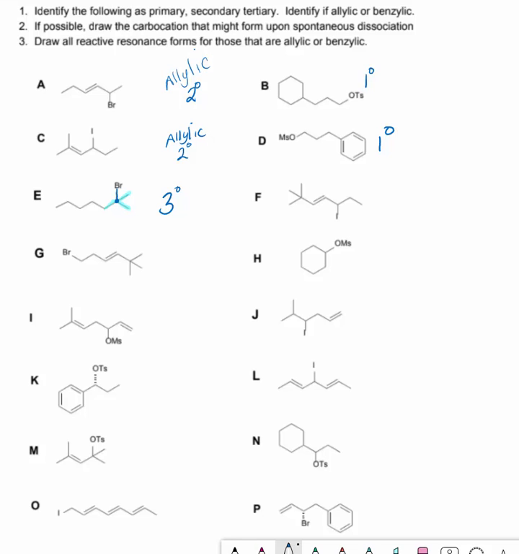F is a little difficult to see. This is supposed to be an I. It kind of runs into the bond, but this is supposed to be an I. So if you didn't catch that in your worksheet, that's what it's supposed to be. So as before, this is not only a secondary alkyl halide, this is allylic.